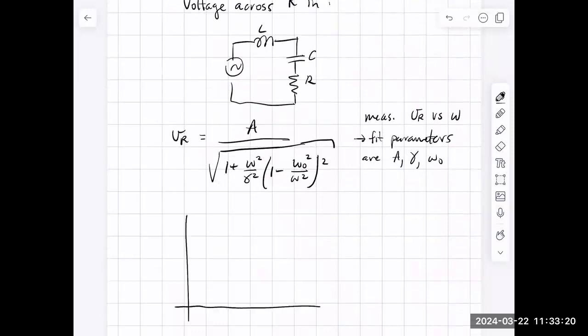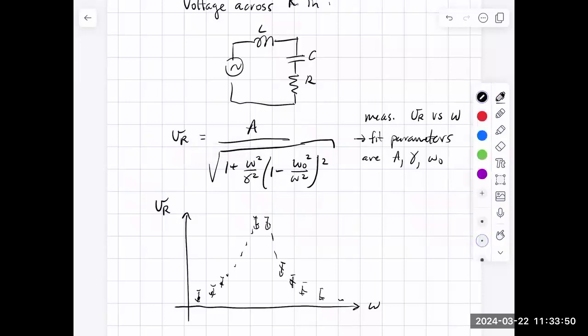When you plot the actual data that you're trying to fit, we would end up with some data that looks something like this, and imagine these have little error bars on them.